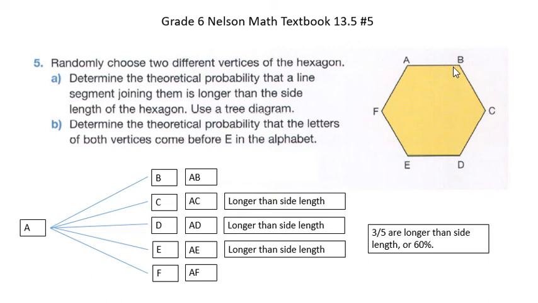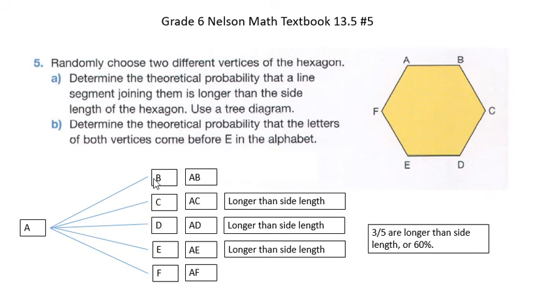Now that we have all the terms figured out, let's see if we can come up with a tree diagram that makes sense. So let's make an organized tree diagram. I'm going to start off by saying, let's find all the different outcomes where I choose A. If I choose A, I have the following outcomes.